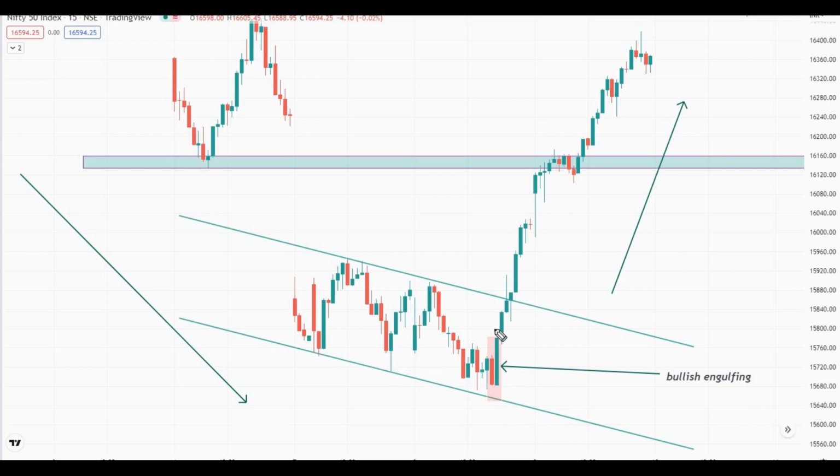But even after breaking an important support level, prices are consolidating. Okay, and then we saw a bullish engulfing pattern, and here is a very important structural level also. Okay, so you should combine multiple things, then look for a potential entry. Buy here, SL, see the huge upside momentum after that.